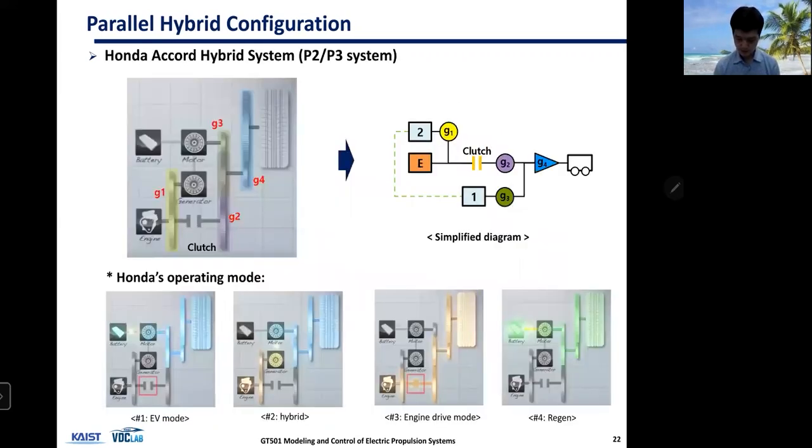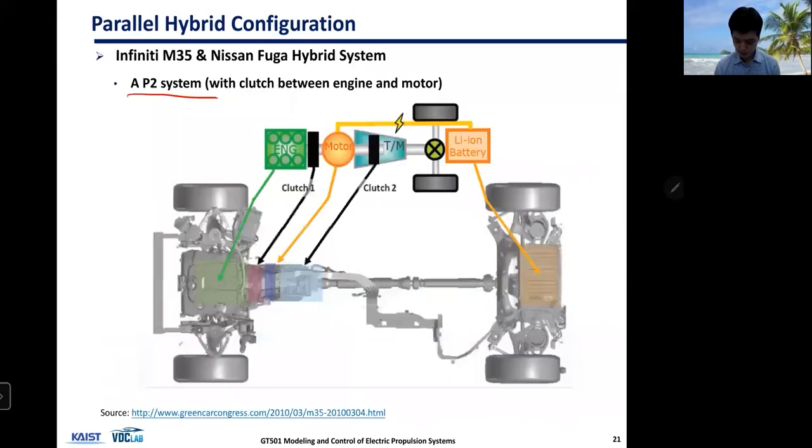Oh, by the way, this Nissan P2 system does not have the small motor connected to the engine, just like the Hyundai system, and so they had to handle the engine start problem using clutch control and motor control.